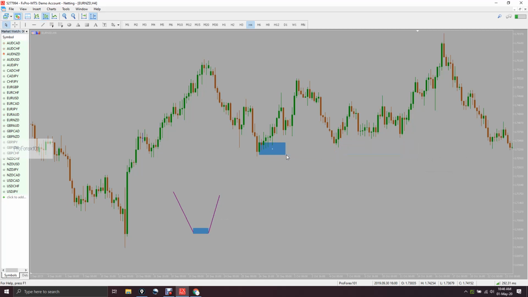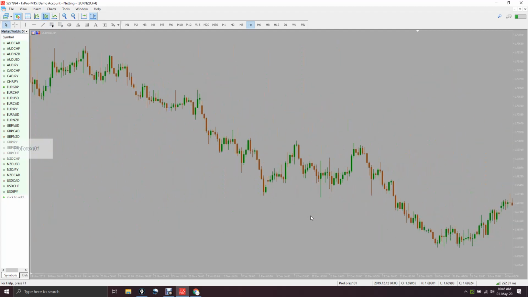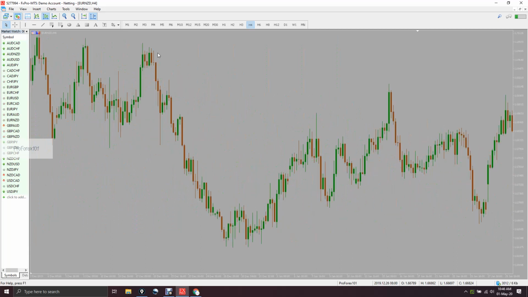In that same scenario, market is coming down, hits your demand, and then goes long. More examples: demand here. So these are turnaround demands, guys, where the price increases from.